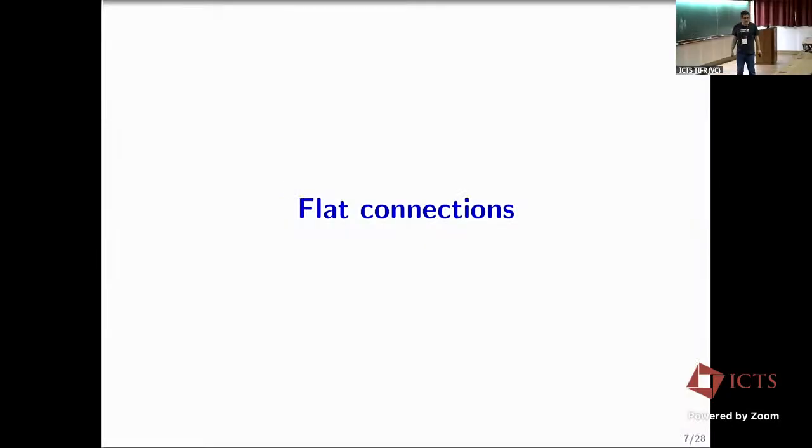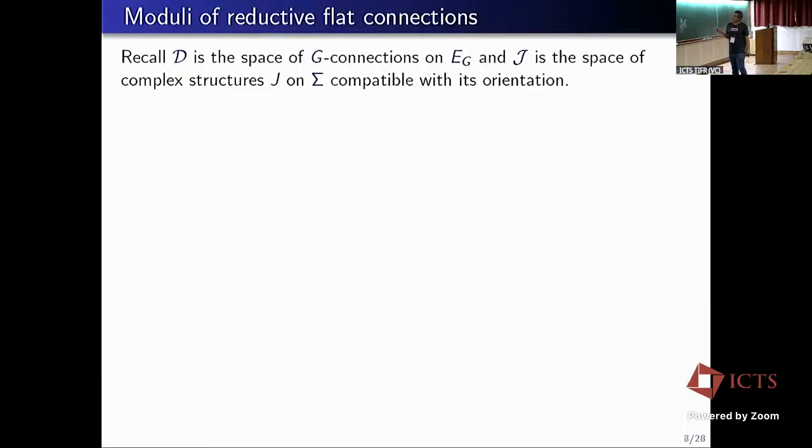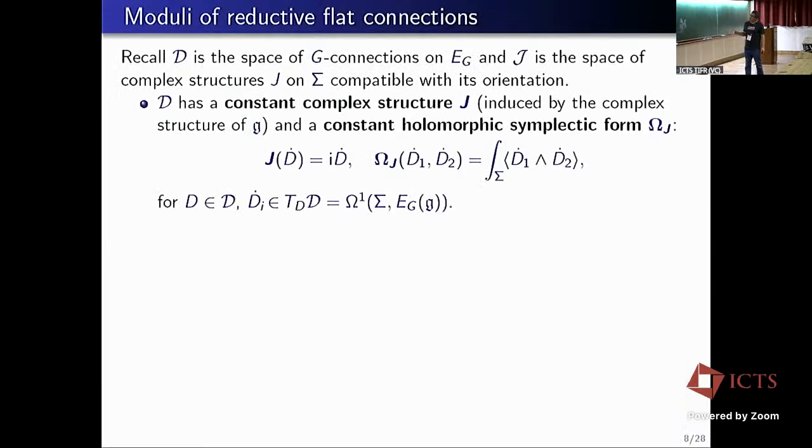Okay. So we start with the first moduli, flat connections. We will not have so much to say, but we'll say something about this case. I should say from the start that what we want to study is this space times this, of course, that's clear from the beginning.